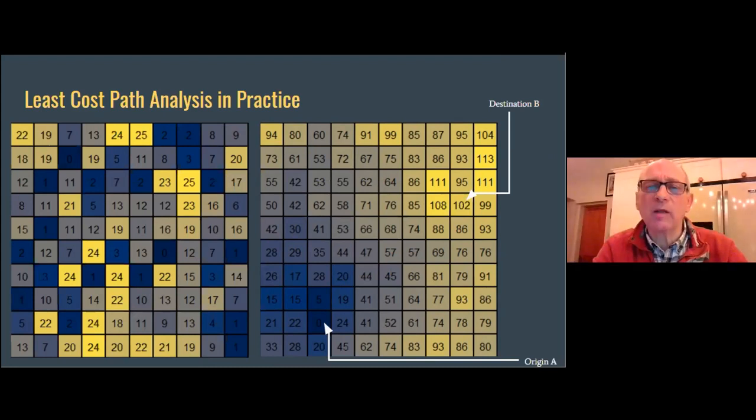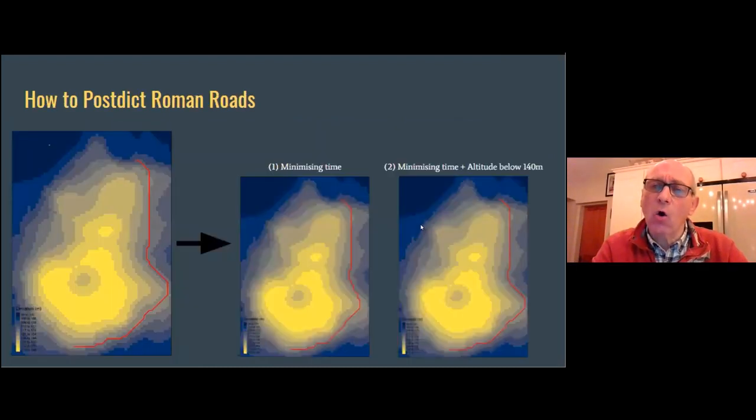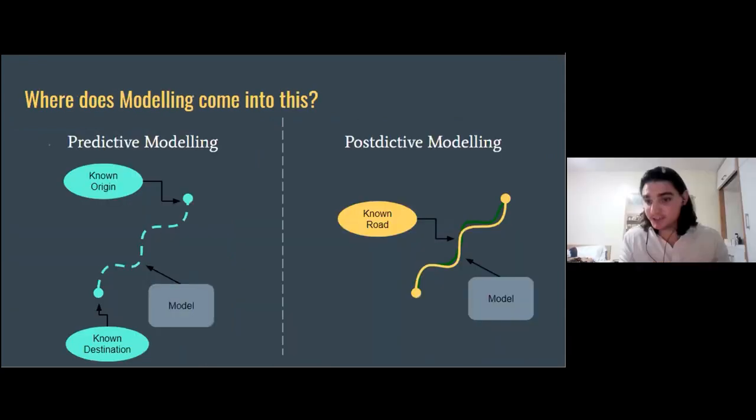And presumably that's where the post-predictive method starts honing those variables to what the Romans actually deployed. Yes, completely. It's about piecing together that we know where the known Roman roads are.